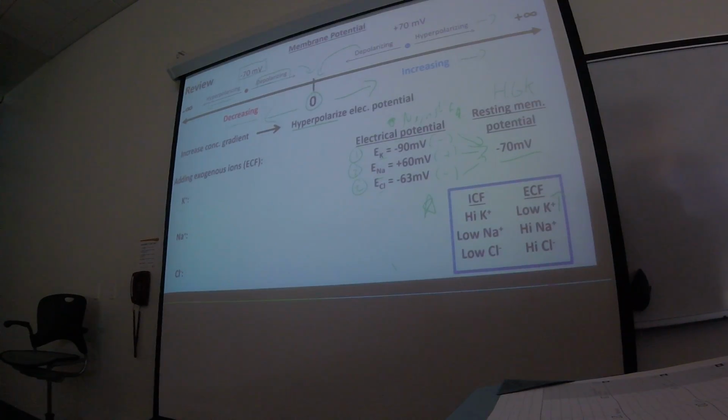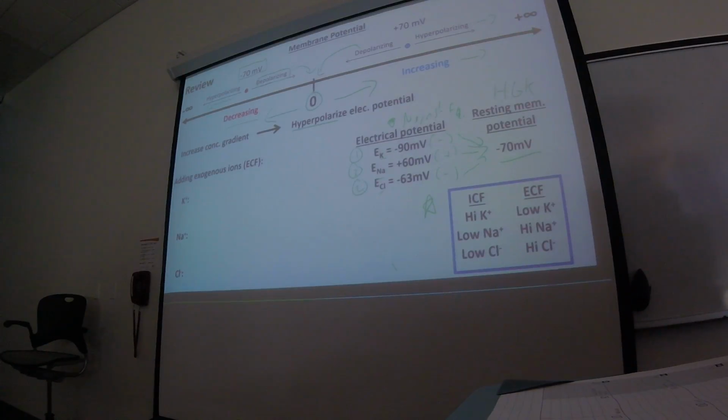If you increase what this side is, it reduces that gradient. So if inside it was this much, and outside was this much, and you bring up what's on the outside, you're reducing the difference between the two levels. You're reducing the chemical gradient.